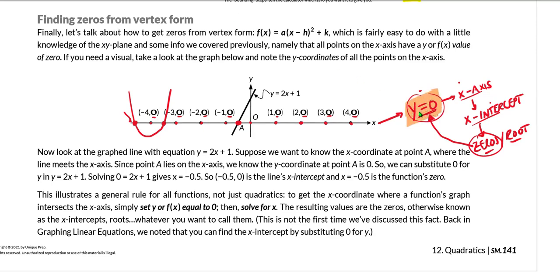If we want to know at what x value a function hits the x-axis, basically we would simply make y or f of x, those two are synonymous, equal to 0, and we solve for x. So for instance, in the case of this linear function right here, we're going to do another linear function on the next page, but we'll start with this one.